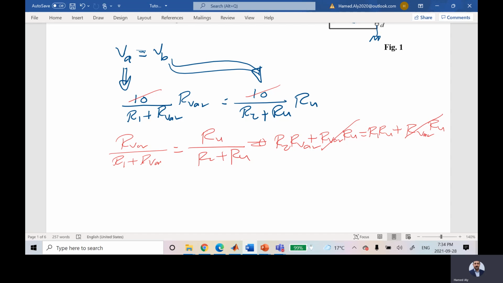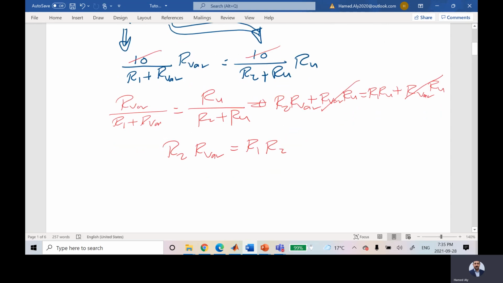At the end, I will have R2 R variable equals R1 RU, and we are looking for finding RU, so I can say RU is equal to R variable divided by R1 multiplied by R2.